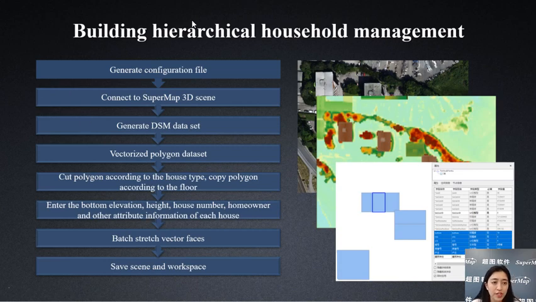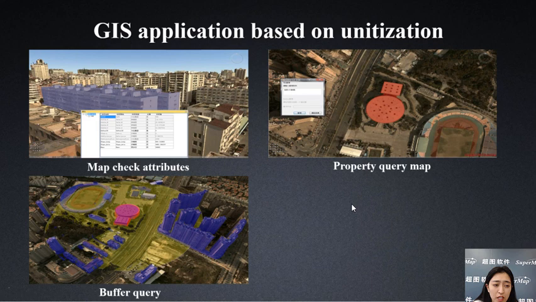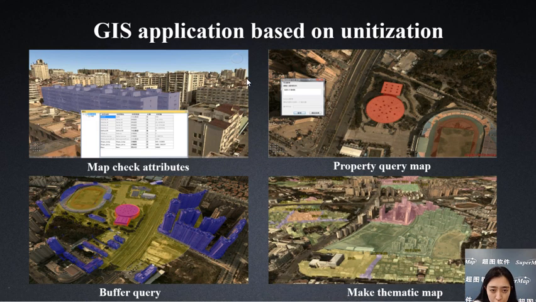That is the building hierarchical household management. And then there is another JS application based on the singulation. First, that is the map check attributes.